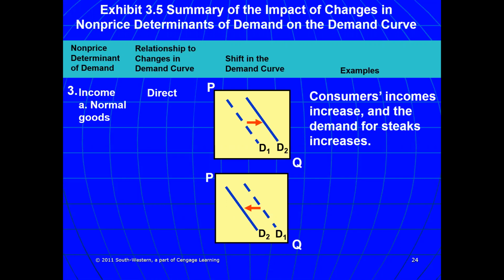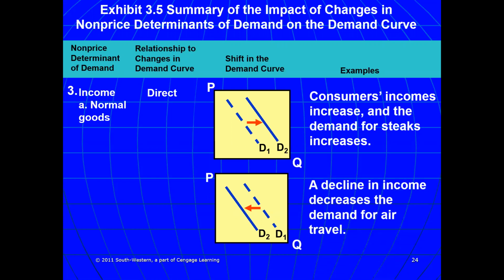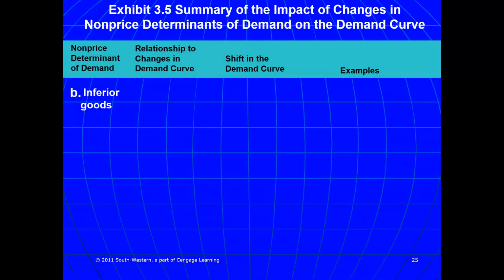That's called a normal good. So nice cars, laptops, you buy more of those, the demand curve shifts out to the right when you have more money. When you have less money, when you lose your job, you're not going to be going out to eat as much anymore. You're not going to be traveling as much anymore. You're not going to be buying fancy stuff as much. That's what a normal good is.